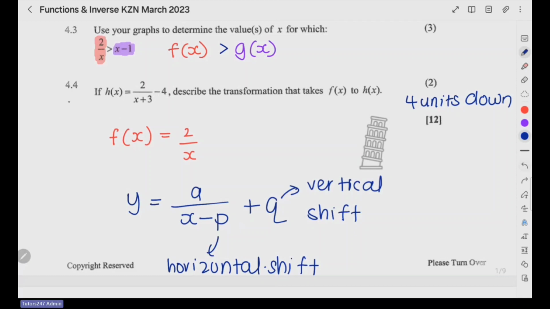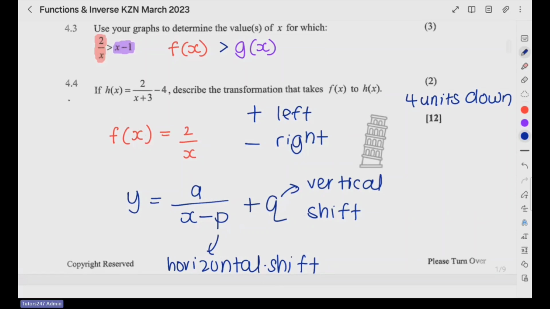We know that when you are shifting horizontally, a positive indicates a left shift and a negative indicates a right shift. So it's the opposite to a vertical shift. In a vertical shift, if it's positive, it will shift up. If it's negative, it will shift down. In a horizontal shift, if it is positive, it will shift left and negative right. Actually, make a note about that.